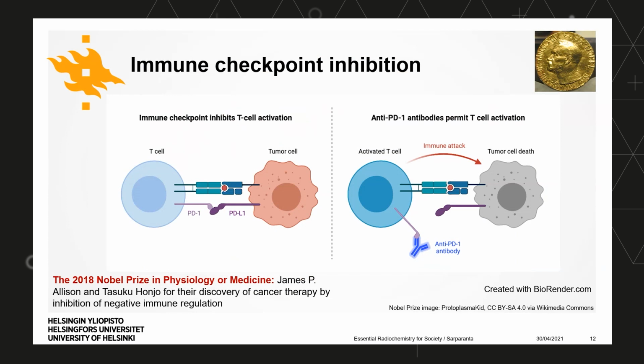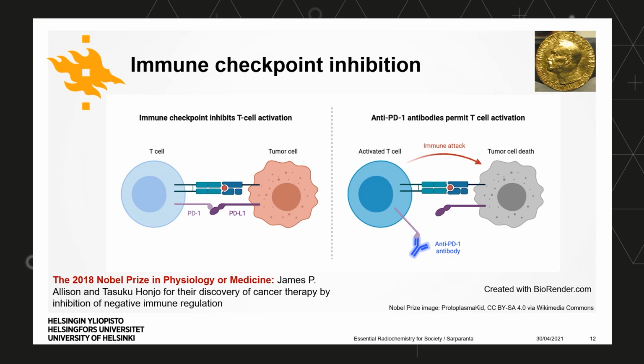Another strategy that is quite widely employed in cancer immunotherapy is immune checkpoint inhibition, for which the 2018 Nobel Prize in Physiology or Medicine was awarded to James P. Allison and Tasuku Honjo.